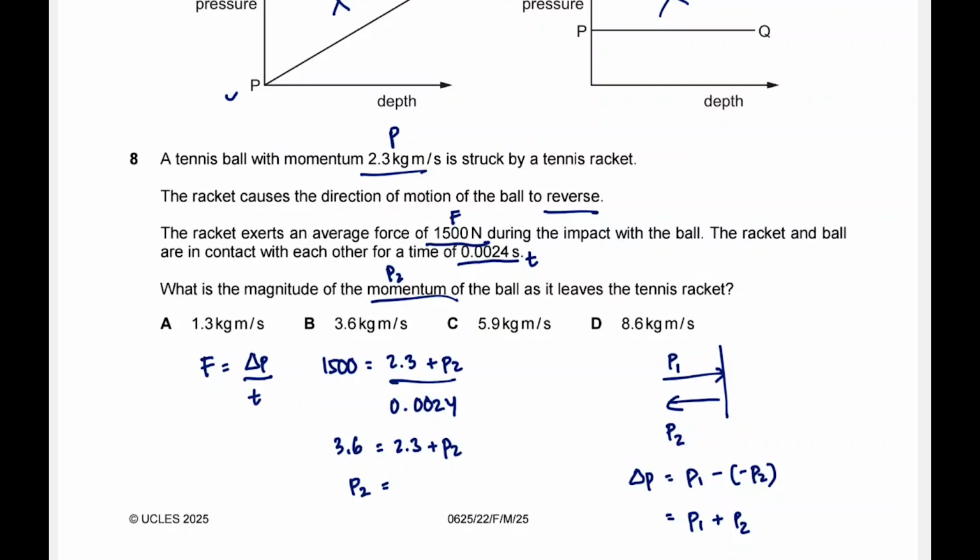Therefore, P2 equals 3.6 minus 2.3, we have 1.3. So the answer is A.